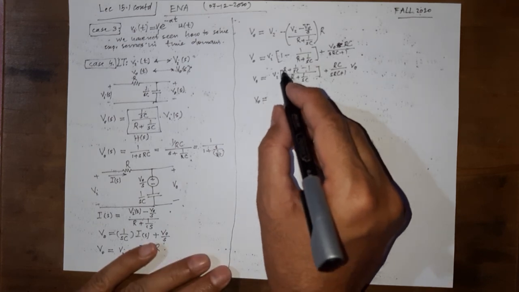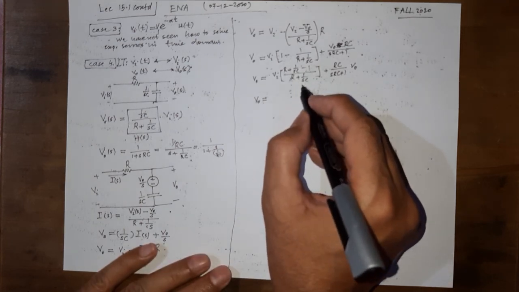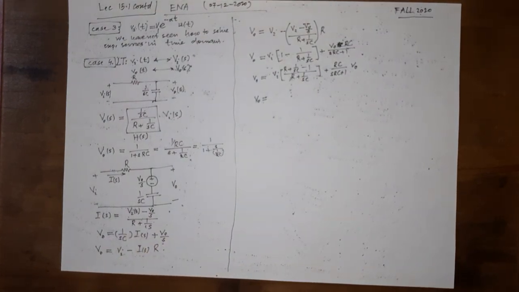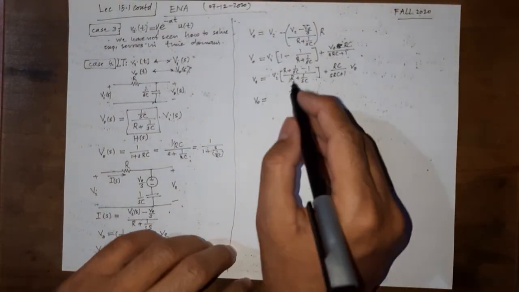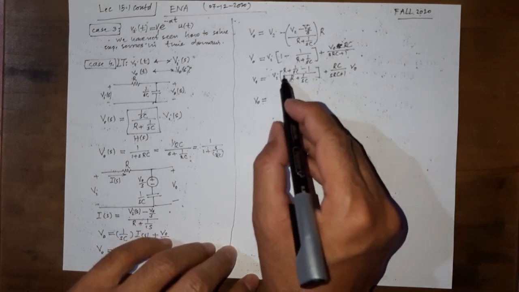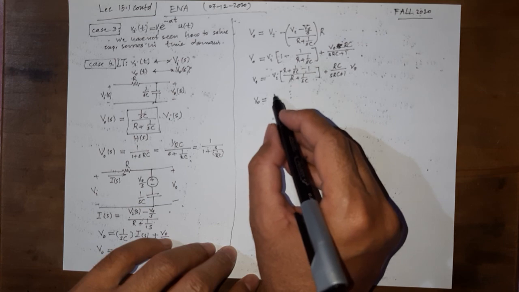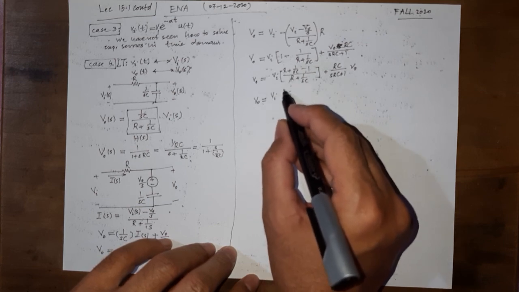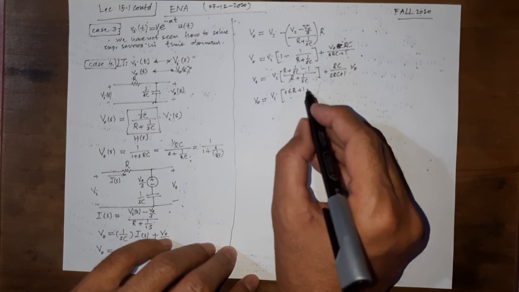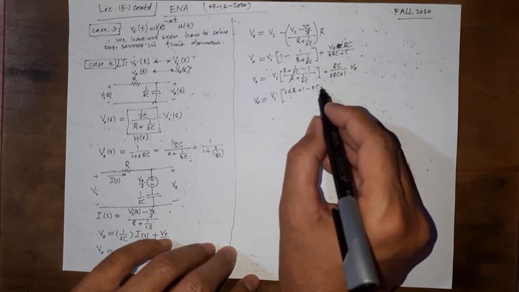If we multiply throughout by SC, we are going to get SCR plus 1 minus SC.